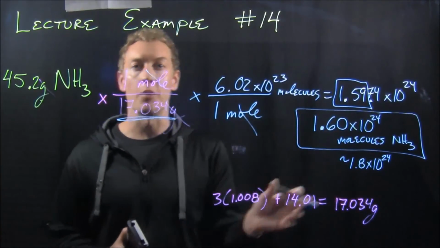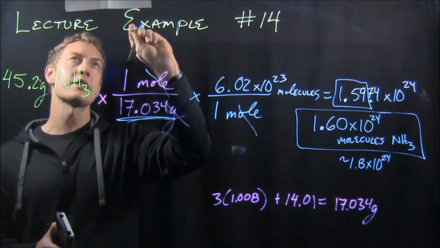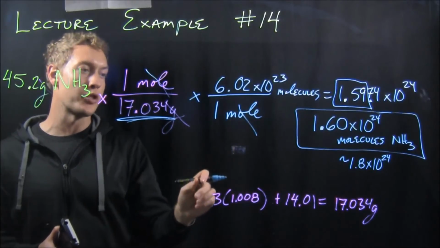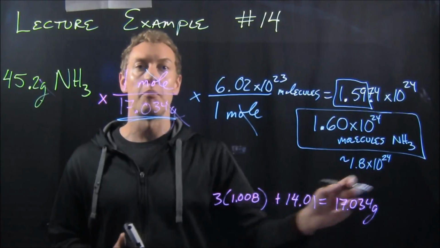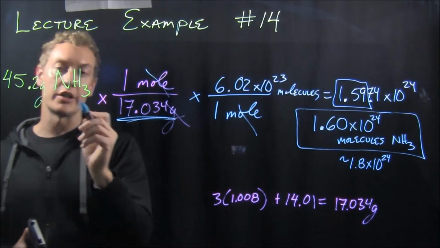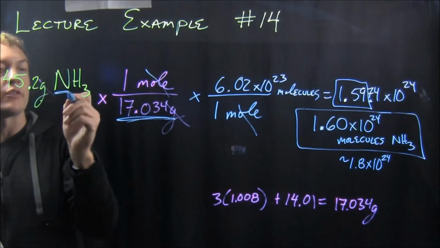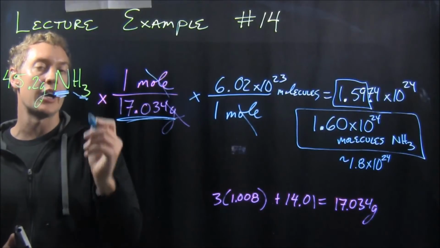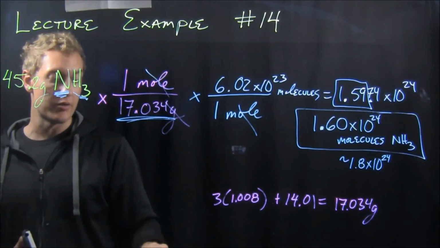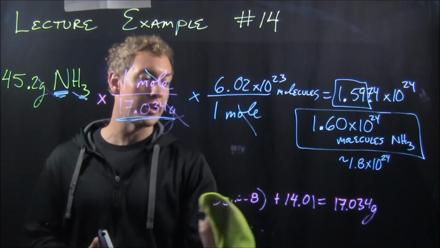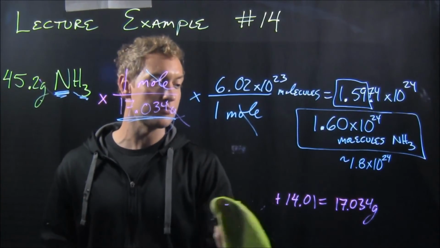Now there's a little follow-up question here. The follow-up question asks, how many total atoms would there be in 1.60 times 10 to the 24th molecules? Well, if we look at this, 1 molecule is made out of a nitrogen and 3 hydrogens. So that's 4 atoms per molecule. So I could set up another dimensional analysis problem.